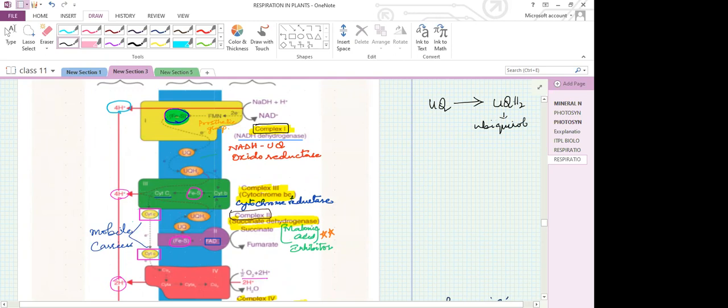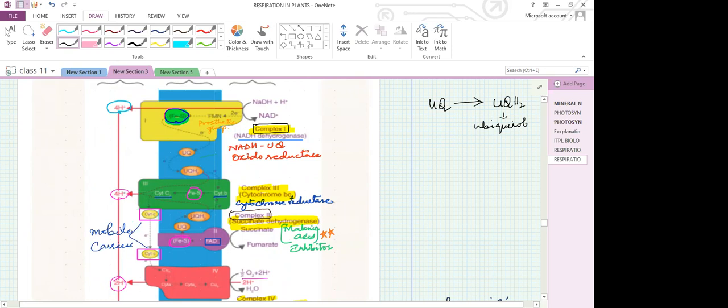After passing the electron to complex 2, see here, ubiquinol comes from here, pumps the 4 hydrogen and gives the electron, which passes to succinate dehydrogenase for the conversion of succinic acid to fumaric acid.